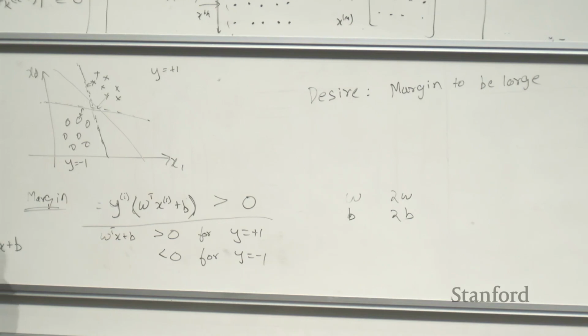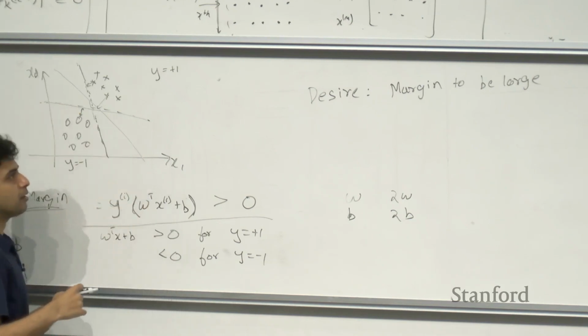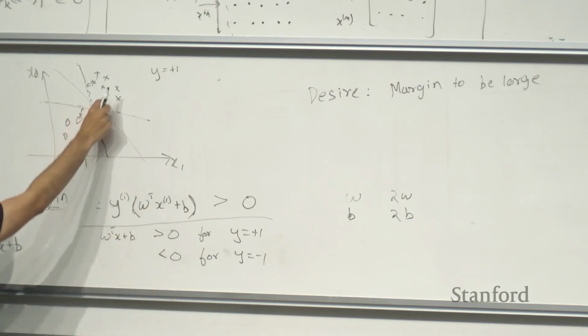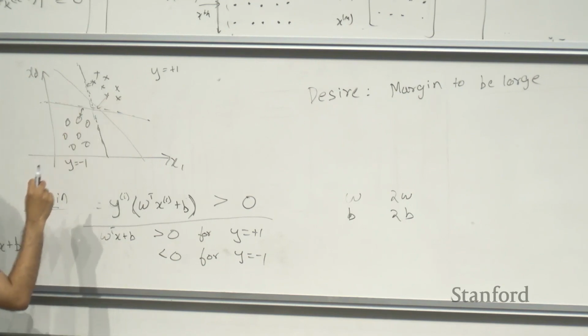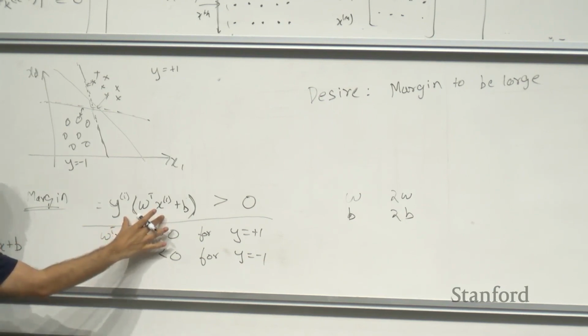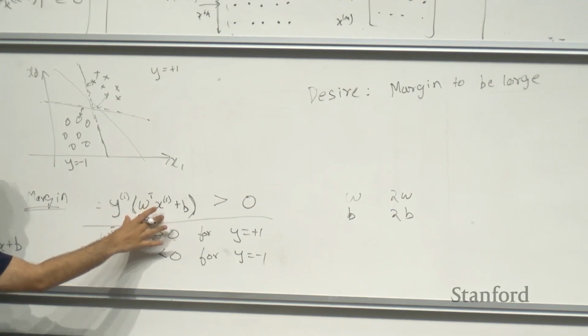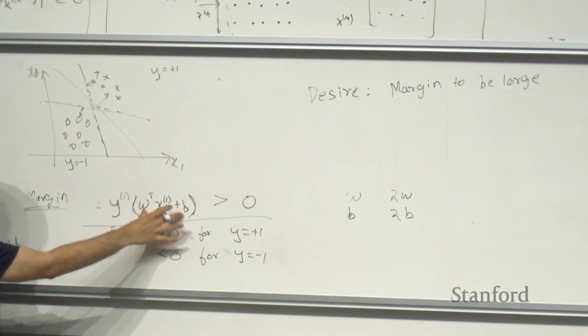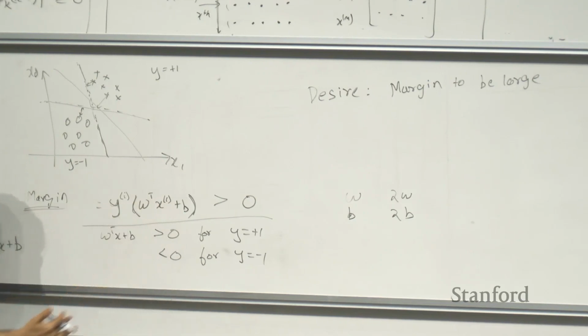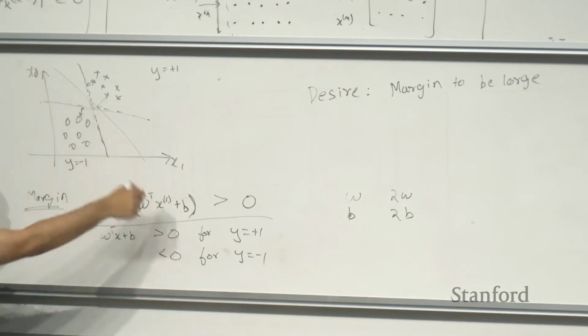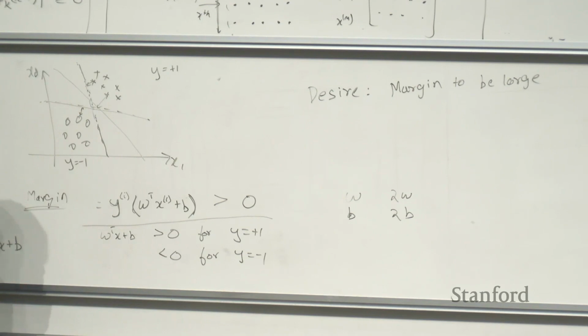Right? So if we are seeking a separating hyperplane where this geometric notion of margin is largest, where the smallest geometric margin is the largest, then this definition of margin is vulnerable to being gamed. You can always scale up your W's and B's and increase your margin even more, though it does not change your separating hyperplane in any way.